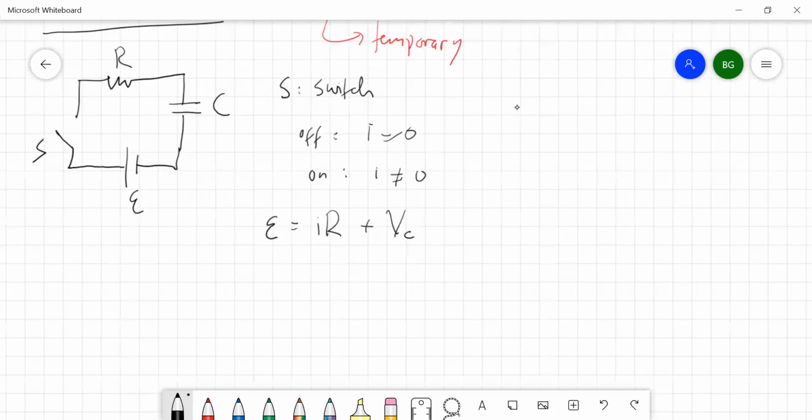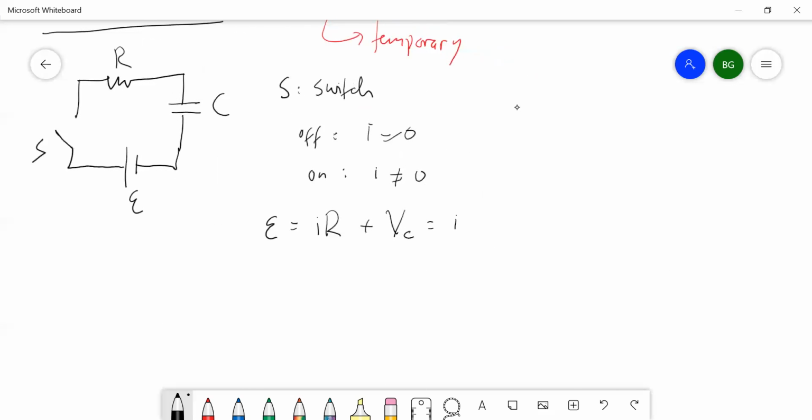So this equals IR plus Q over C. Epsilon is a constant also. From this equation we also have dQ over dt.